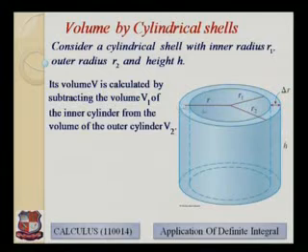This is the radius r of the whole cylinder, V as we have considered the volume of the whole cylinder. This is the inner radius r1, outer radius r2, and this delta r represents the thickness between these two cylindrical shells, and h is the height.